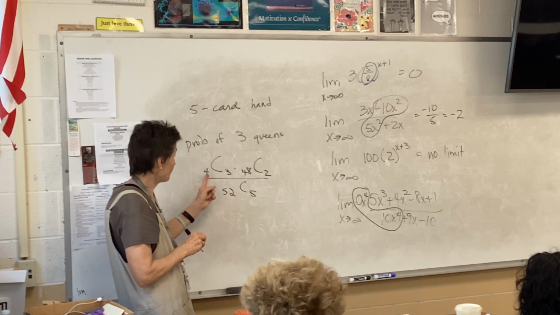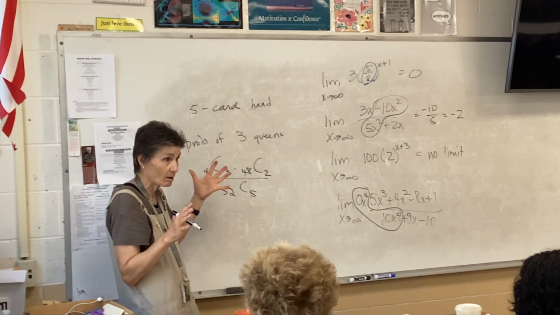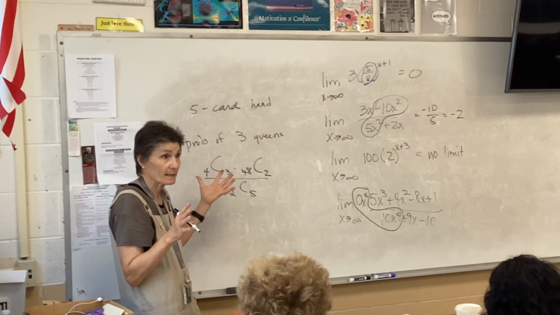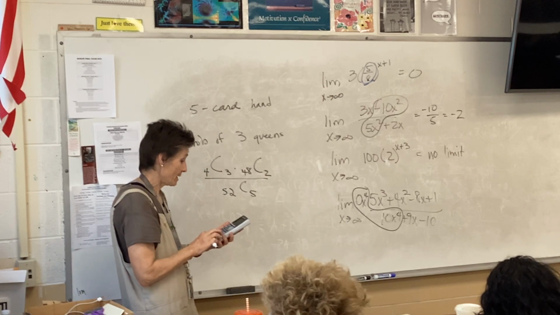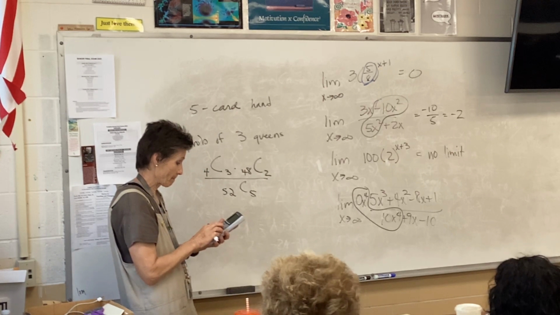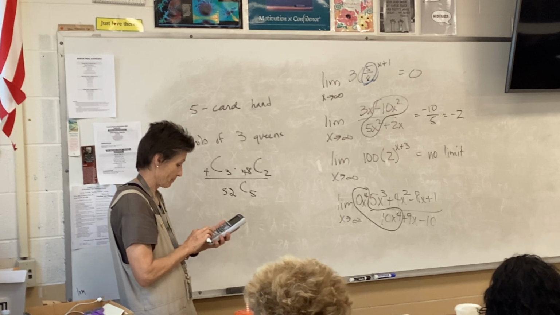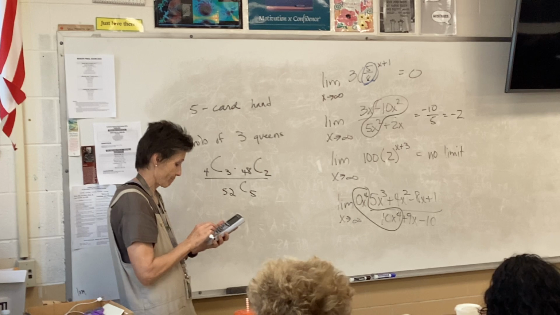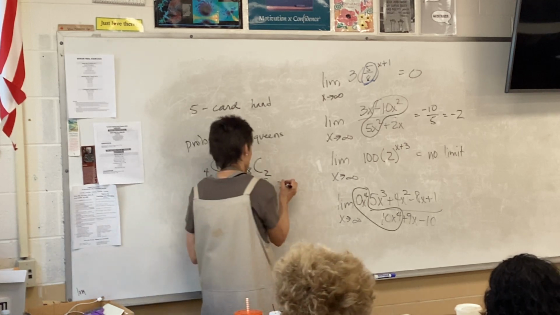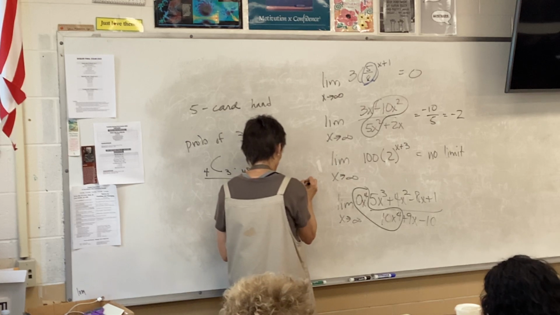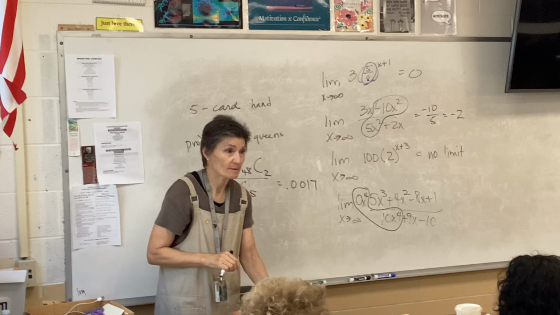I'm picking 3 from the queens and then 2 other random cards that I don't even care what they are. I'm just picking them. Type that into my calculator. And I get 0.0017. So that is not a very good chance of getting 3 queens.